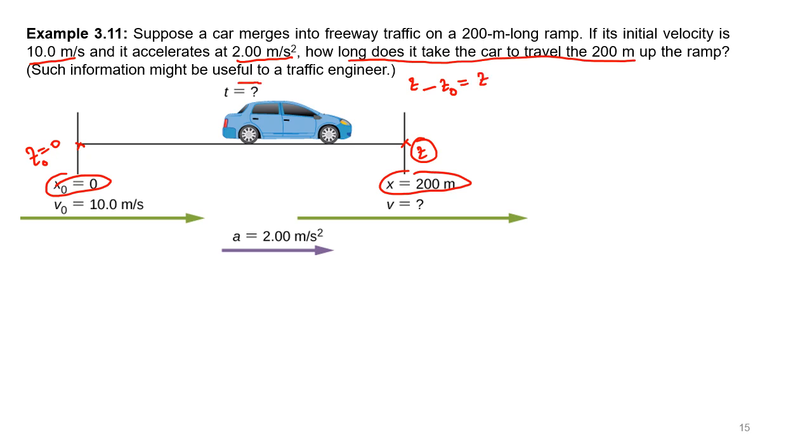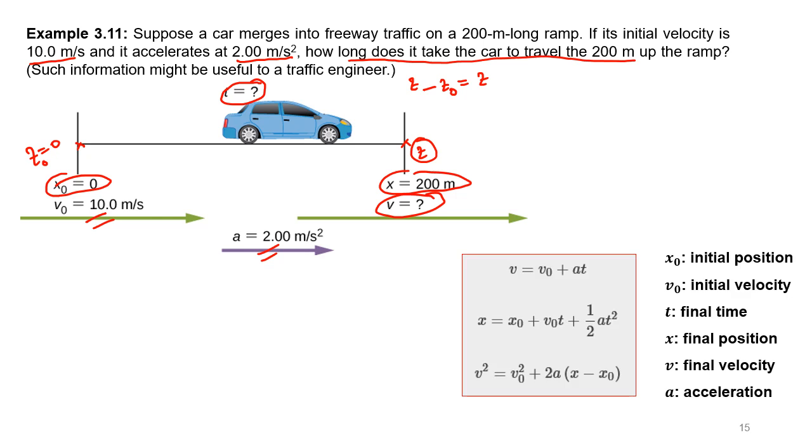So what is this t we need to find out? Actually, that is the time duration, right? From the left to right, covering 200 meters. Initial velocity is given, acceleration is given. We can find even velocity as well. So we have to use this equation basically. If you use this equation to find time, see time is here, acceleration is there, initial velocity is given, but you don't have final velocity, right?